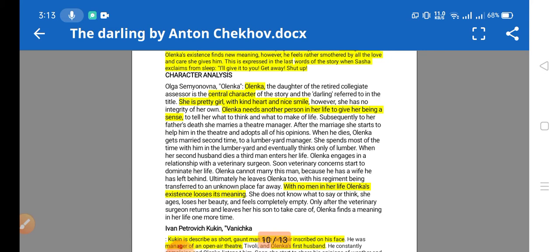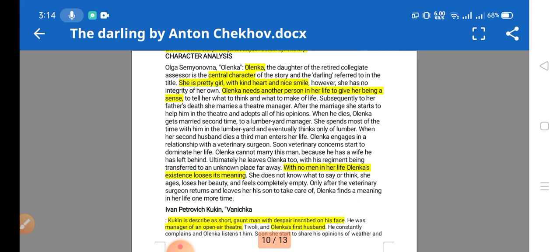The main character, the protagonist, is Olenka, and she is a central character. She is a pretty girl with a kind heart and a nice smile. Olenka needs another person, so she is having an identity crisis. She needs another person in her life to give her a sense of being, so she adopts another person's opinions.